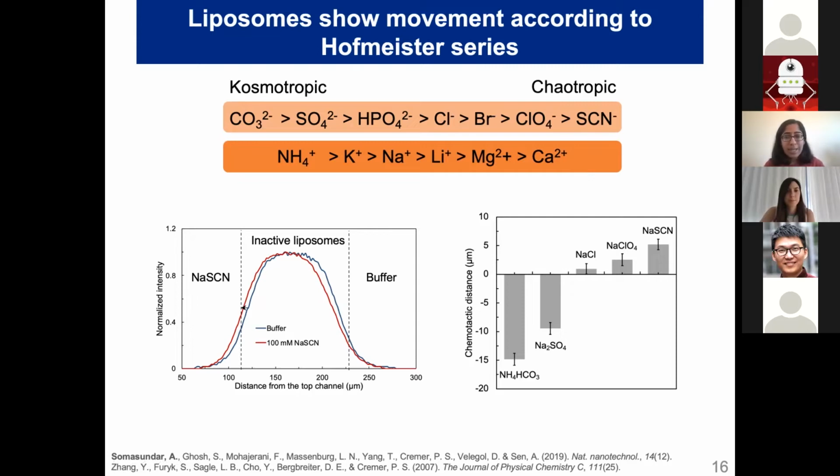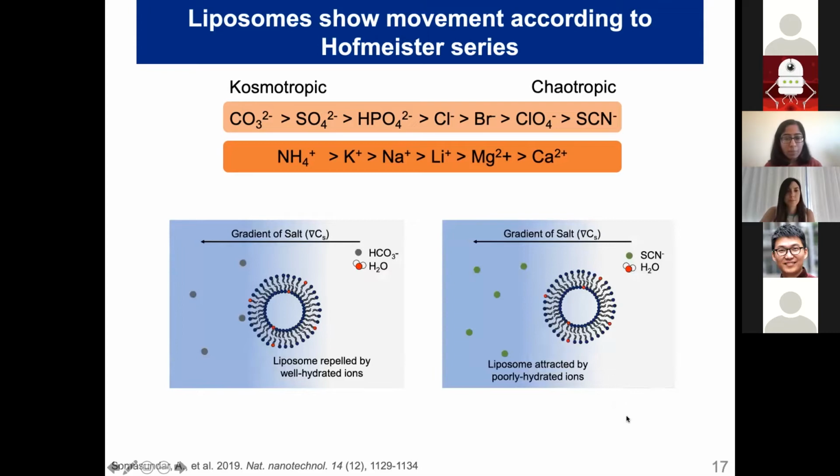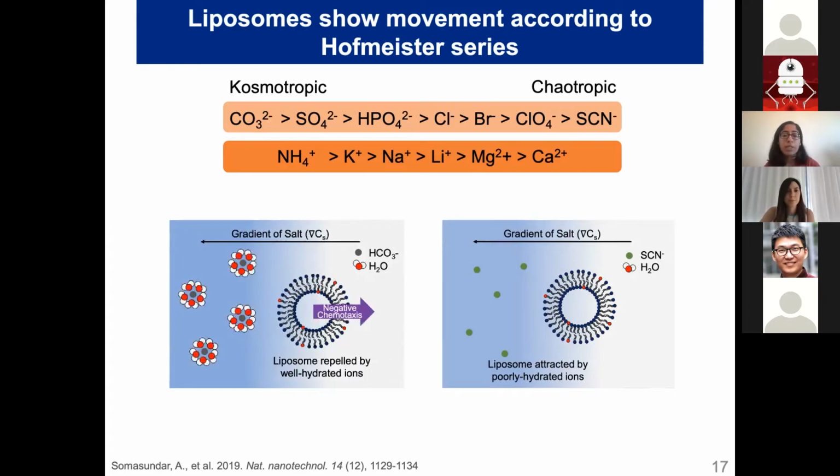So salts that have a good water structure around them, such as bicarbonate, are depleted from the lipid-water interface, thus repelling the liposomes and making the liposomes go in the negative chemotactic direction.